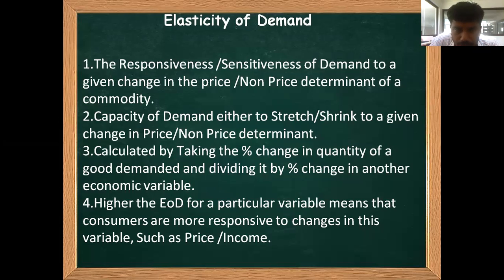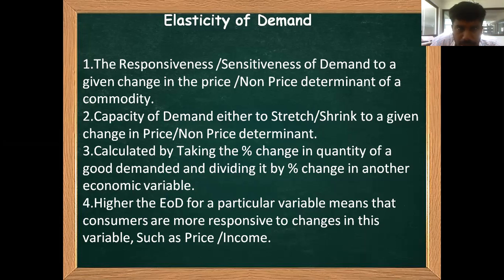If the EOD is higher, it means consumers are more responsive to changes in this variable, such as price variables or income variables. So they are responsive if the price suddenly decreases or increases.